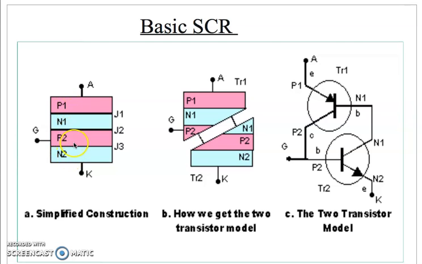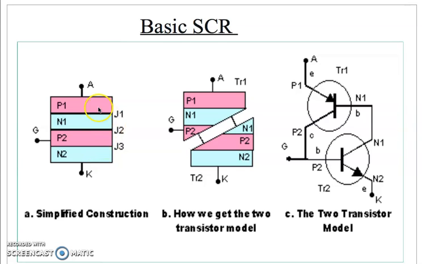So 4 PN layers are there, and 3 junctions are there, J1, J2 and J3. In the top P1 layer we take the terminal anode, and from the other extreme, the bottom N layer, the cathode terminal is taken outside. And from the P layer nearer to the cathode, a gate terminal is taken.